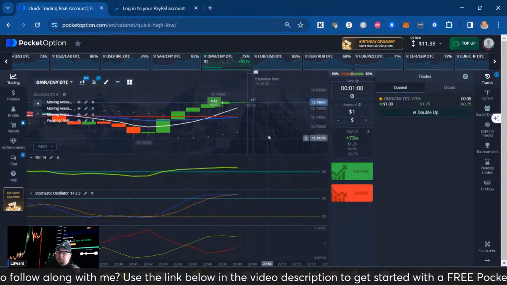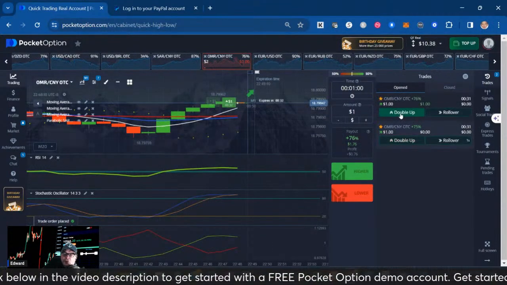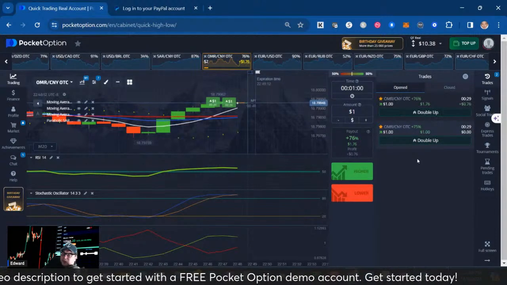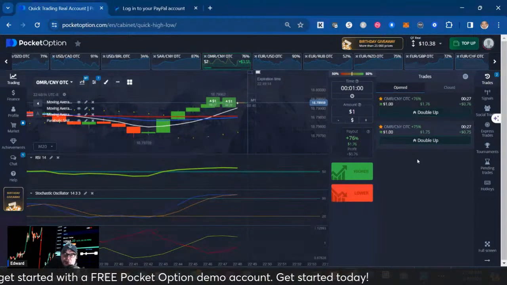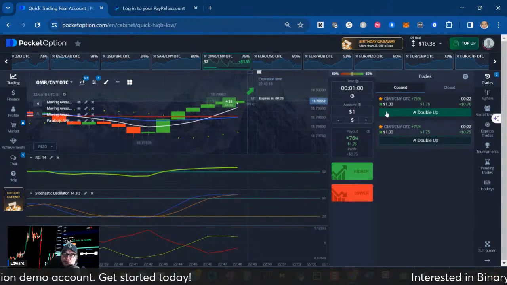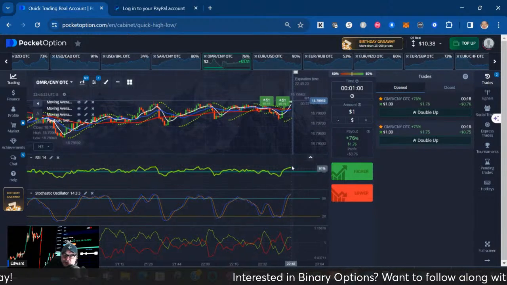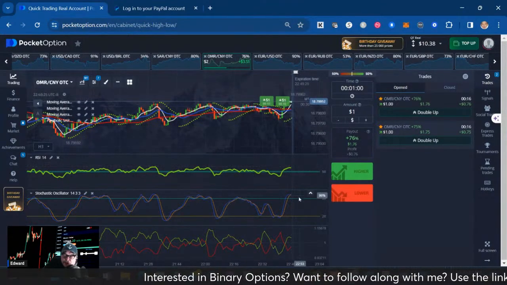Yeah, this market is really crazy tonight, guys. 28 seconds left. There we go. Continue. I can tell because look at the distance between the 50 and the RSI. It's up.